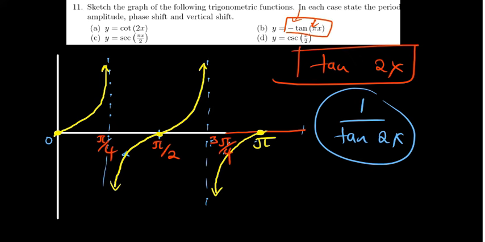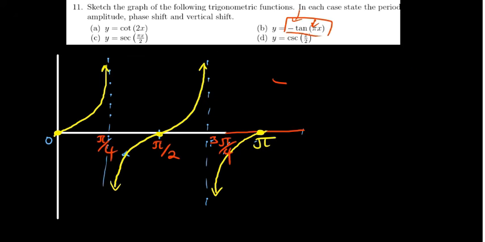If it's a reciprocal, it means the values are going to be the opposite. These values that are high will be lower, and so on and so forth. So how is it going to come out? We can actually try to picture what we're trying to say here. When we have the values of tan, let's take a few values of x. So x, and then we have tan of x.